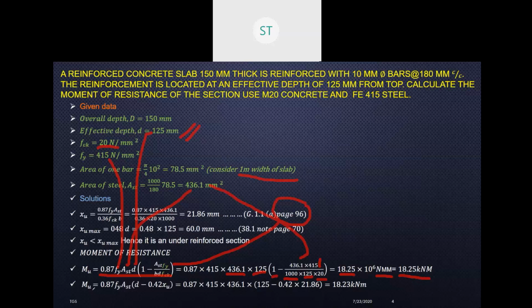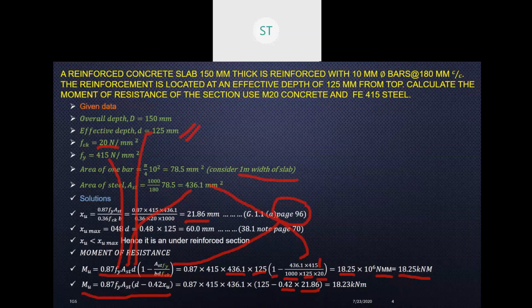Then this same problem can be done by another equation using the lever arm value. D minus 0.42 XU is the lever arm. So MU is equal to 0.87 Fy AST into D minus 0.42 XU. Substitute the value of XU here, 21.86, 0.42.